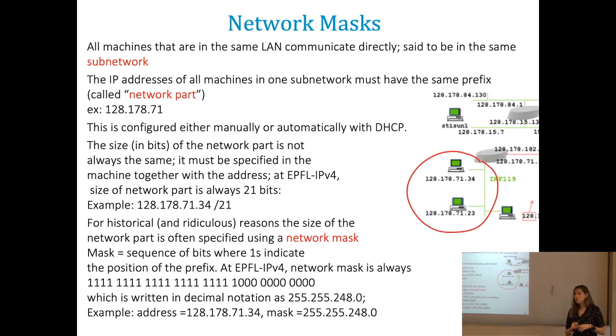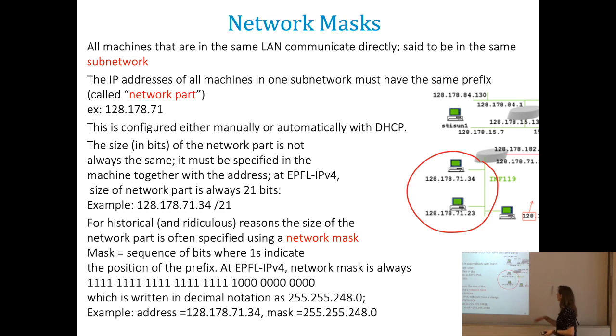In order to communicate with other devices on the same LAN, the devices need to know which other devices are on the same subnetwork as them. They need to understand if they have to go through a router or not. Typically the computers or devices that are in the same subnetwork will have the same network mask. The network mask is the prefix of the IP address.